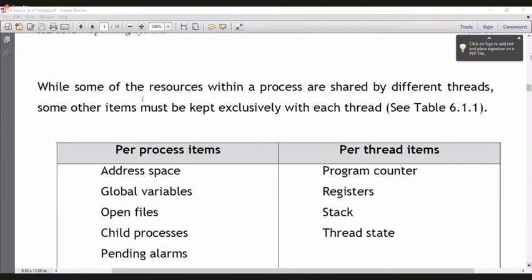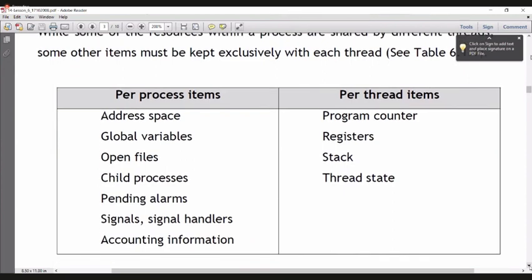While some of the resources within a process are shared by different threads, some other items must be kept exclusively for each thread. So let's see a comparison: the process items you have and the thread items you have. Check whether you understand each term. If you don't know, you can ask.